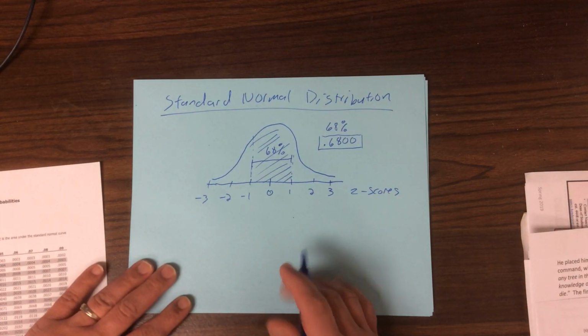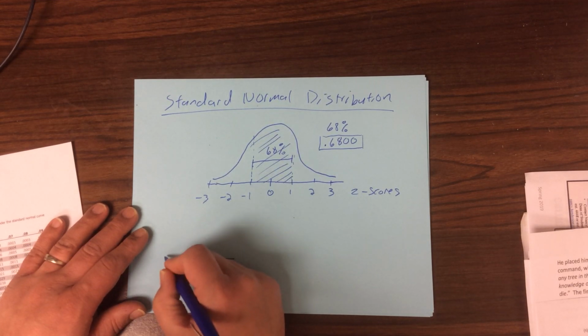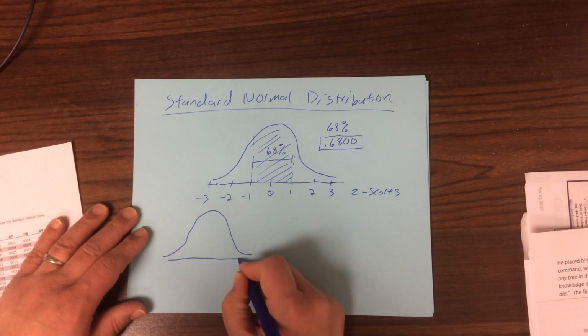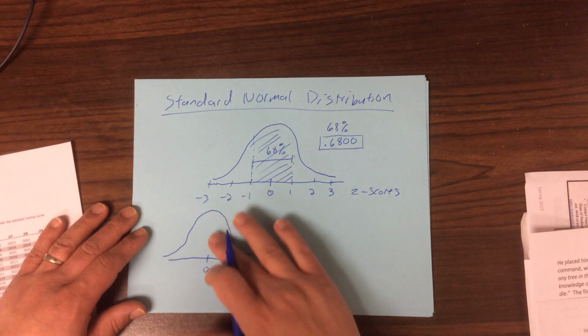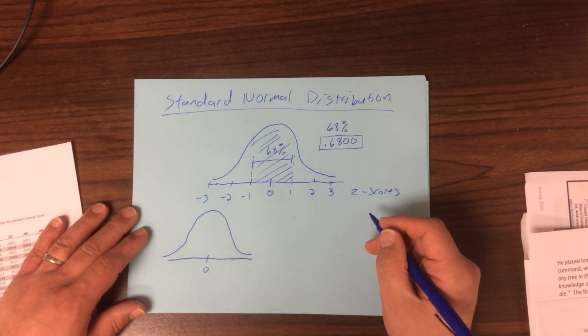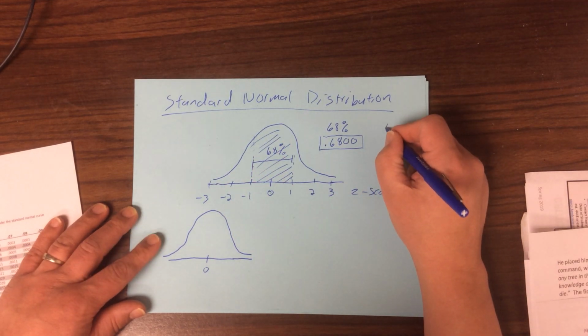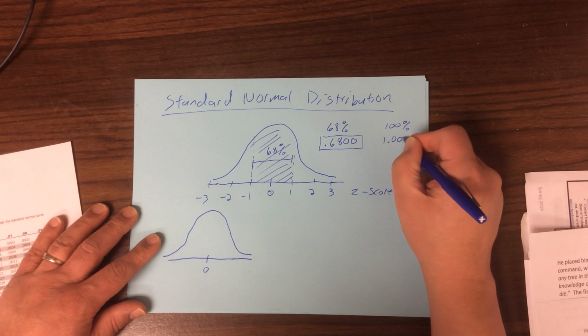Okay, now you can get areas for other z-scores here. Let me show you how this works. Okay, so 0 is in the center, okay, and we say that the total area under the curve is 1. You can think of the total area as being 100% of the area, and the decimal form of that would be 1.